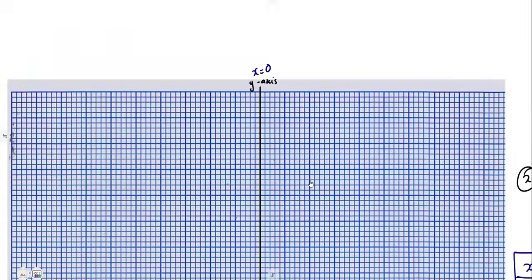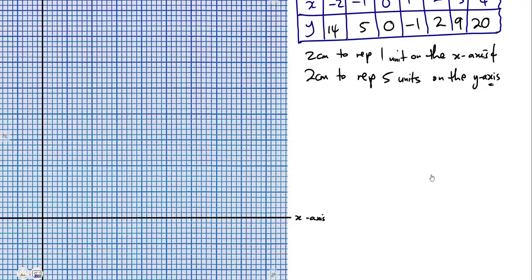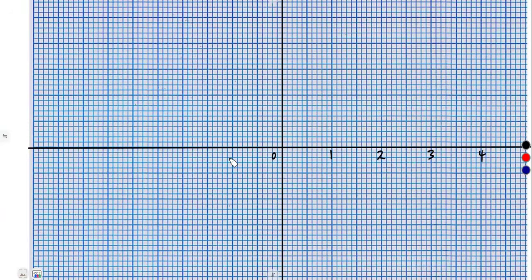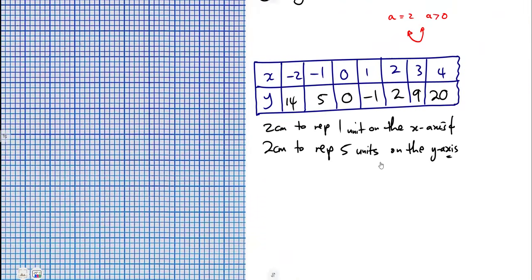Let us see our Cartesian plane here for the x values up to 4. Yes, we're going to have 1, 2, 3, 4. So that's it, 0 here, 2 centimeters, 1, 2, 3, 4, and -1, -2. On the y-axis, 2 centimeters represent 5 units.